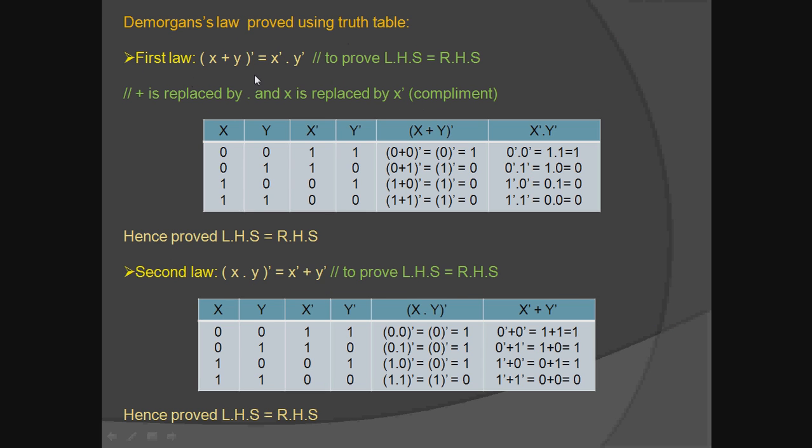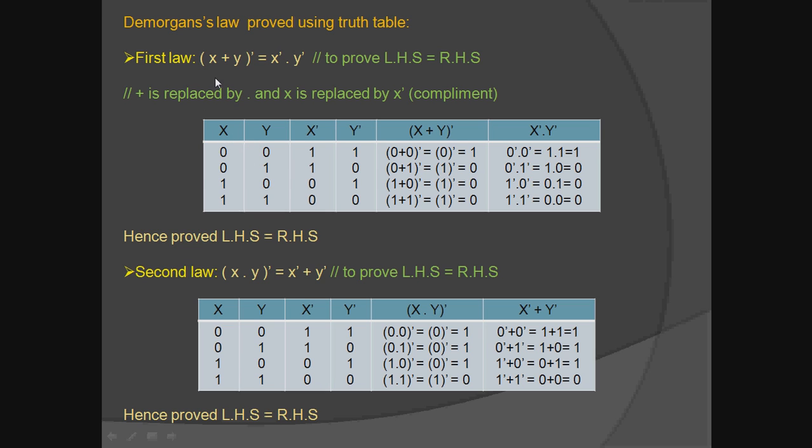So the first law, we have to prove that LHS equals RHS, that is this side equals this side, right? So you will notice that in De Morgan's law, the plus will be replaced by the AND, that is dot, and the x will be replaced by the x complement. So here's a truth table. Since we have two variables, only two values will be entered, that is 0 or 1, true or false, right? So here x, y.